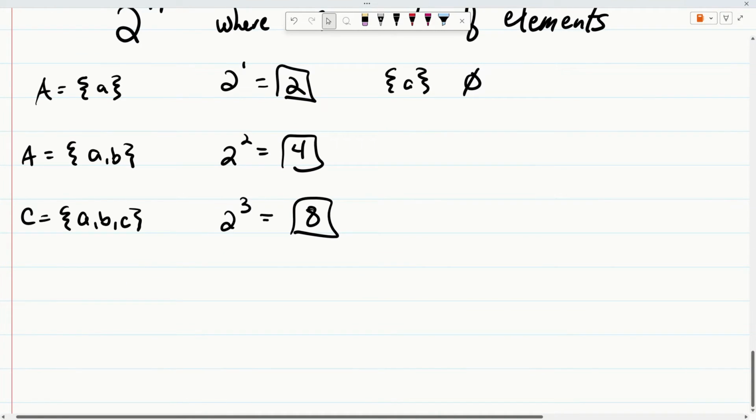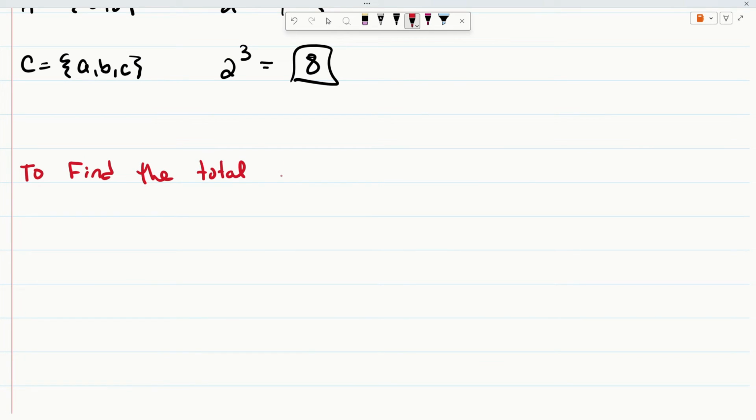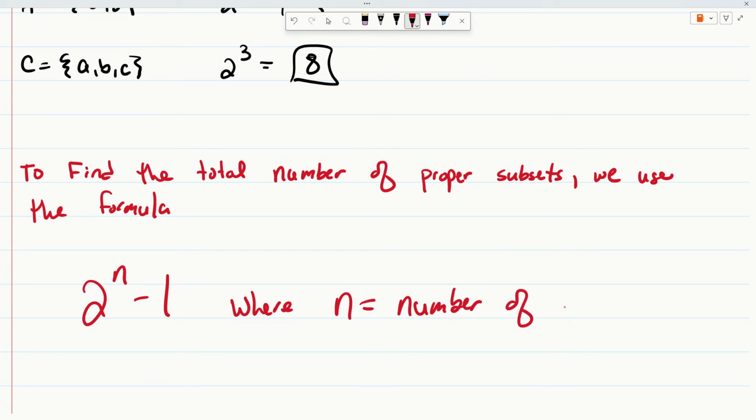There is one more formula we can use, and that's this one. To find the total number of proper subsets, we use the formula 2 to the n minus 1, where n equals the number of elements.